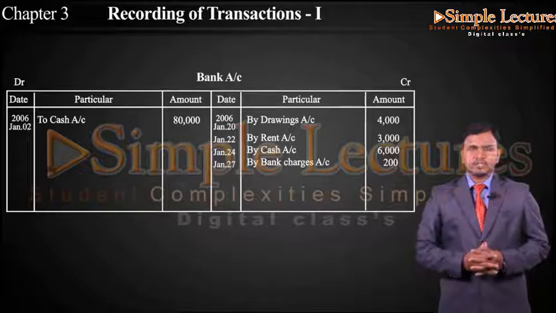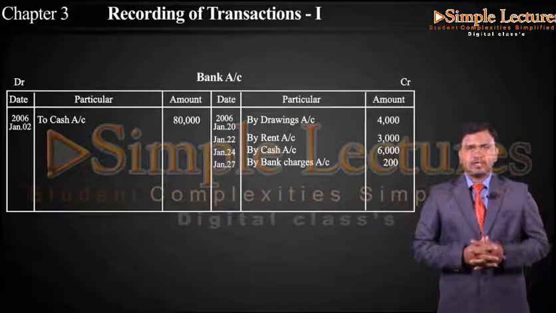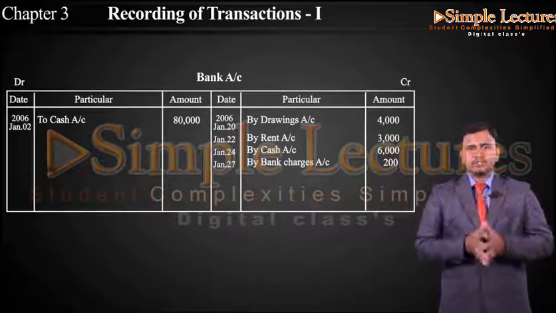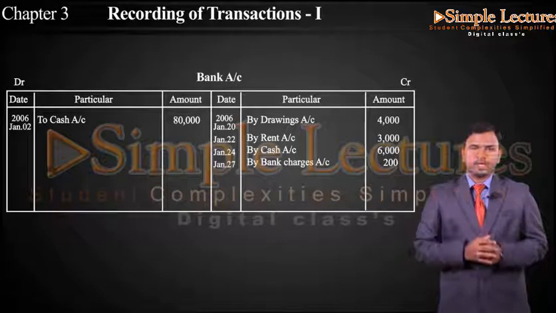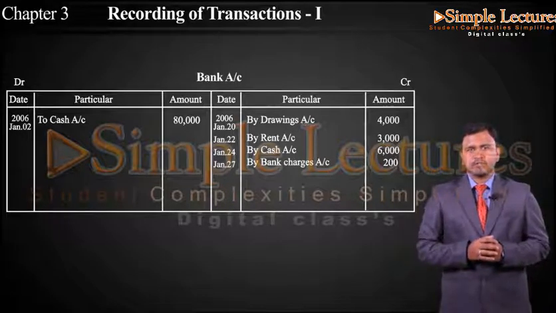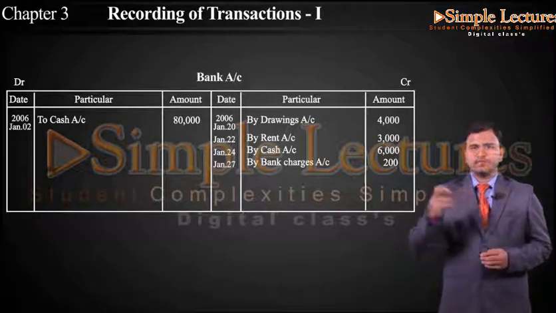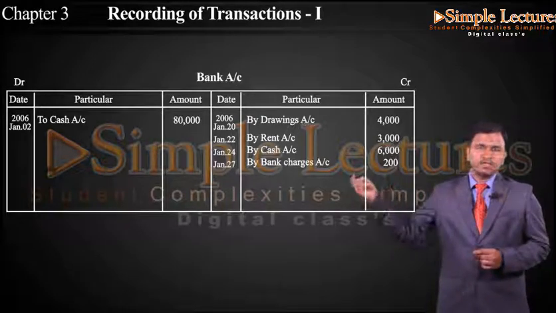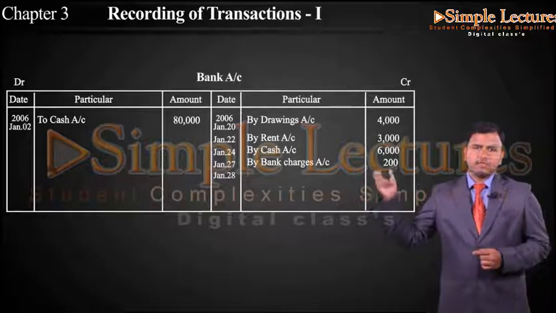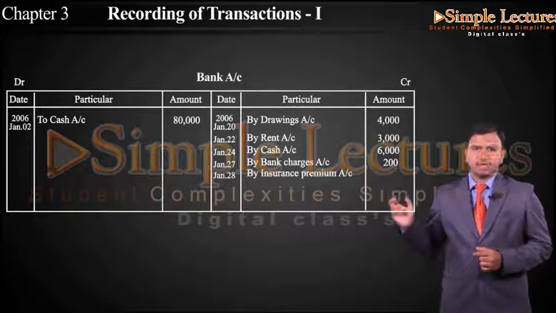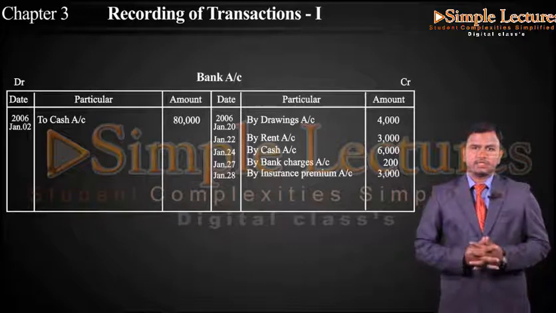Next transaction we have on Jan 28, insurance premium account debtor to bank account. The insurance premium was paid through the bank, which is 3,000. Again this entry will be taken in the credit side. Date will be Jan 28 by insurance premium account in the amount column 3,000.